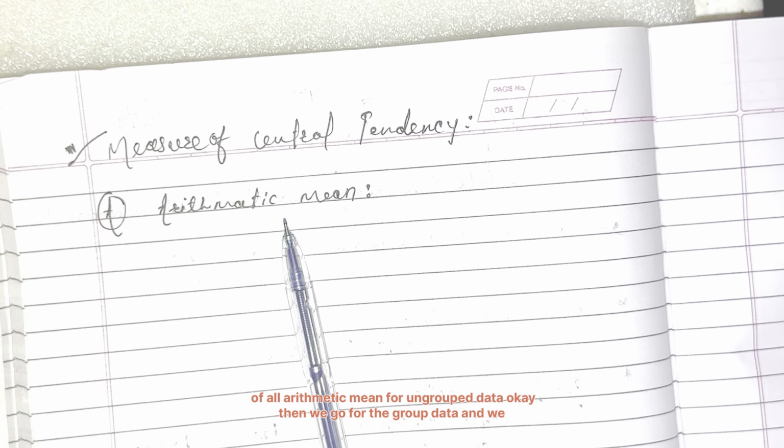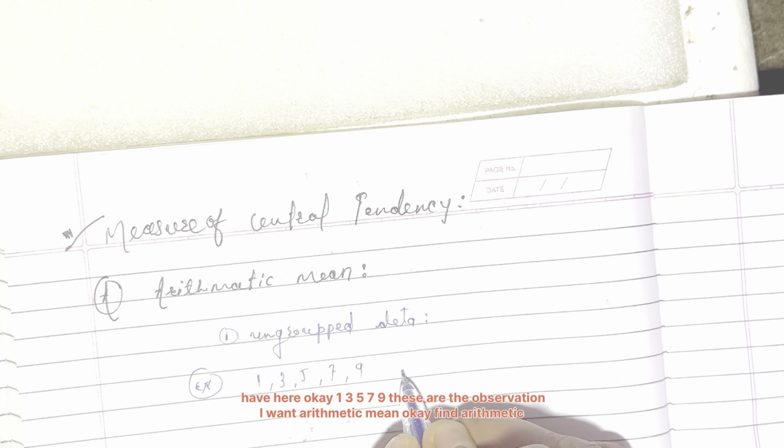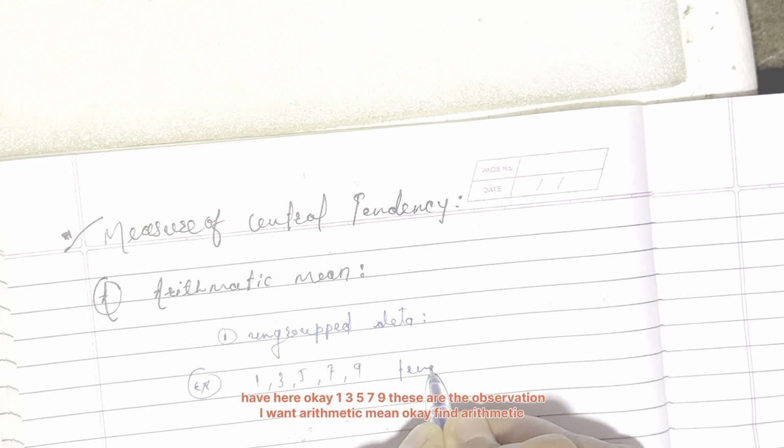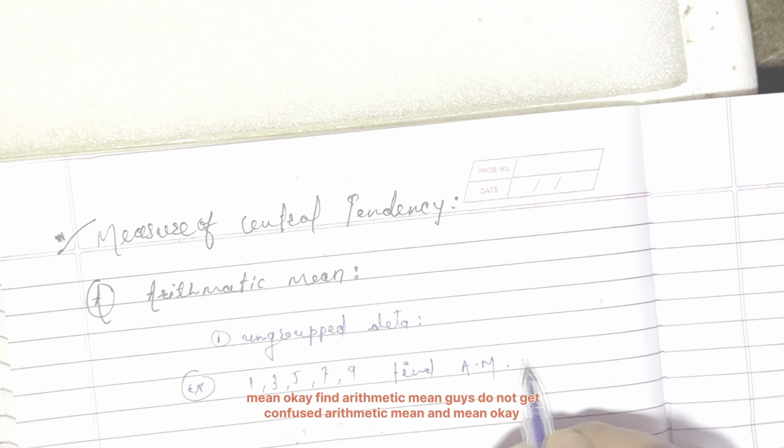So consider 1, 3, 5, 7 and 9, these are the observations I have here. I want to find the arithmetic mean.